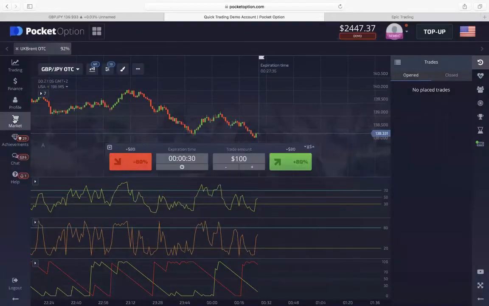Over here, market, I don't really worry about that too much. Achievements, don't worry about that. If you need help, or need to email the company, click on this tab right here. Logout is at the bottom.